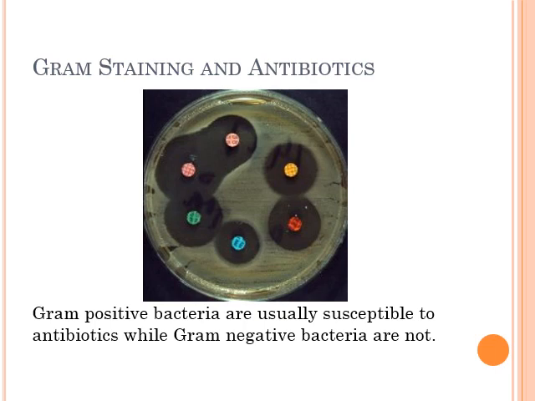This is why your doctor typically wants to know what kind of bacteria you have before prescribing you an antibiotic. If the infection you have is a gram-negative, antibiotics won't work well on it, and the doctor doesn't want to prescribe an antibiotic because that antibiotic might cause more damage than it helps.